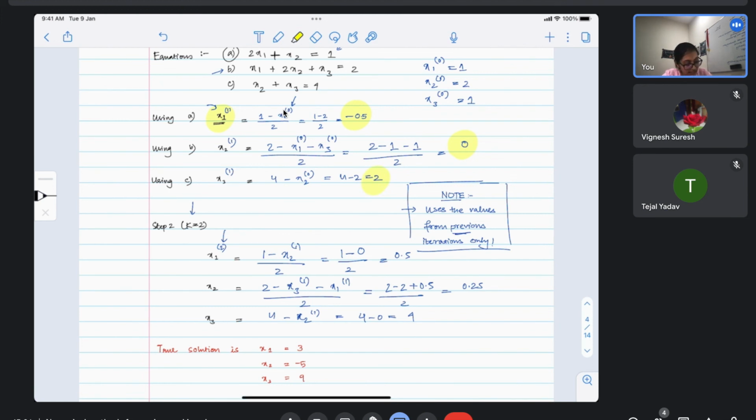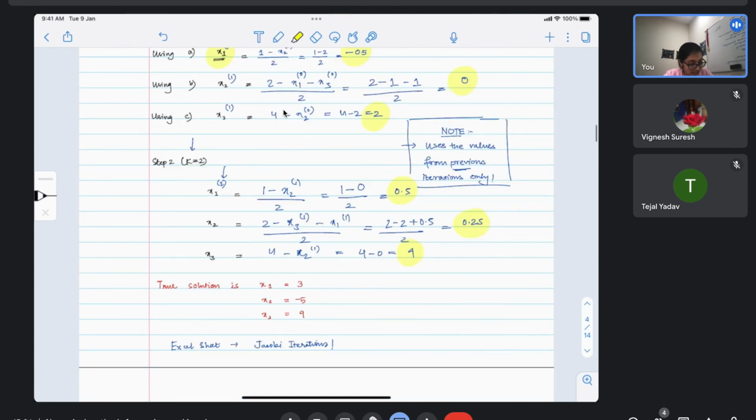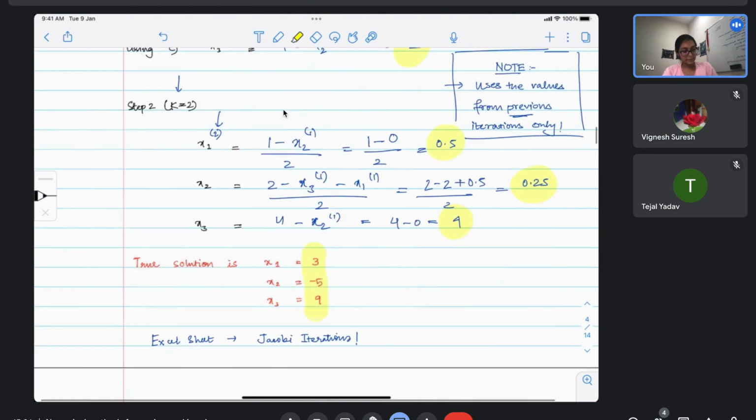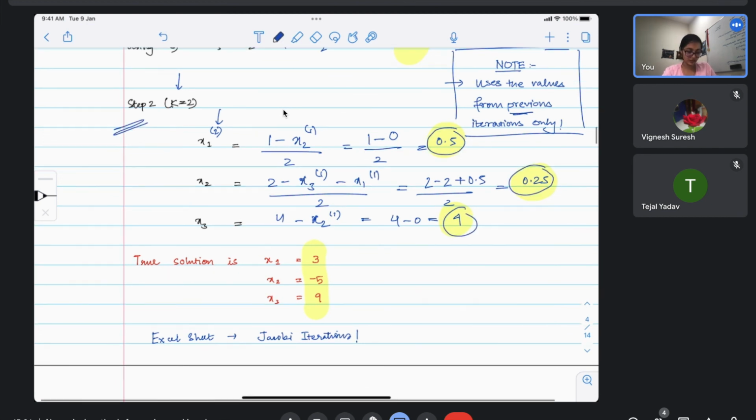The second time we did it, we got x1 as 0.5, x2 as 0.25 and x3 as 4. But try and see what the true solution is. The true solution for the 3 equations that we have written down is basically 3, minus 5 and 9. Can you compare how far we are from the true solution? Just after 2 iterations, we are way far from the true solution.